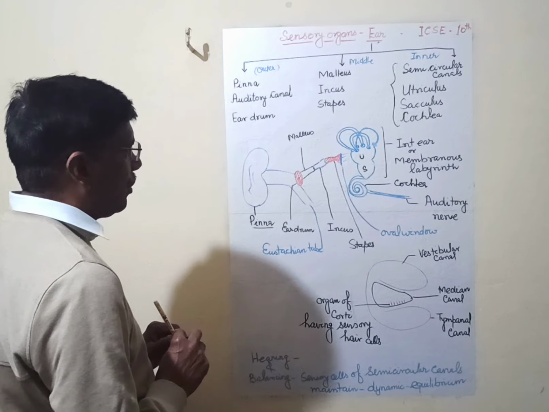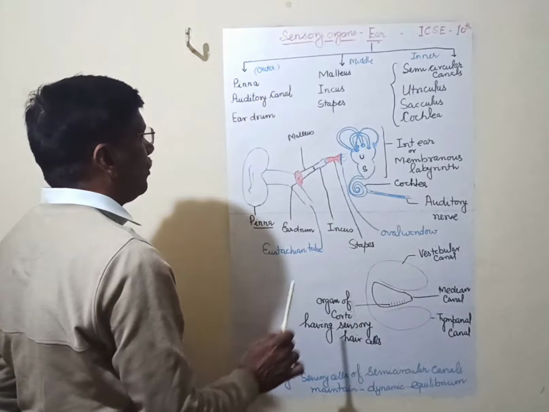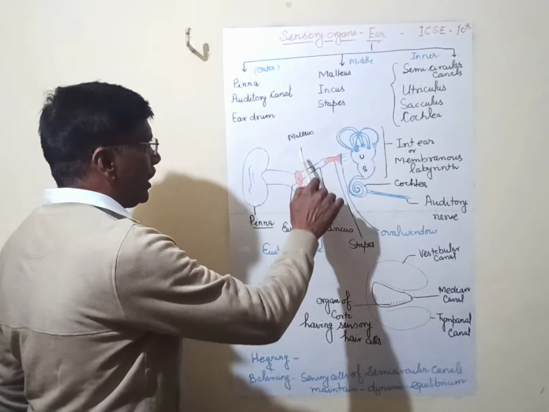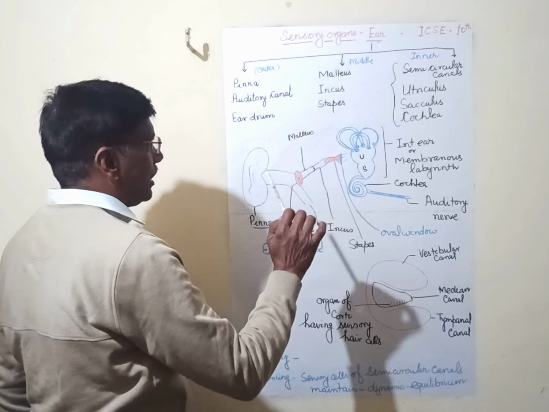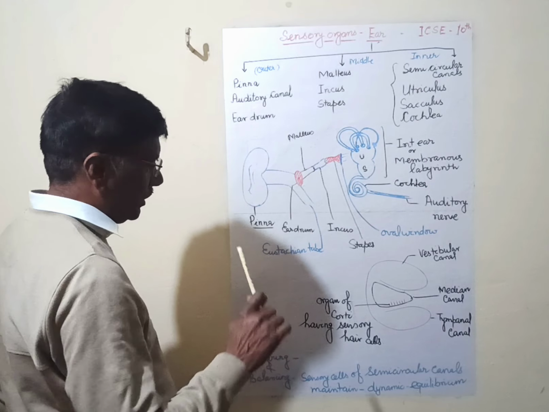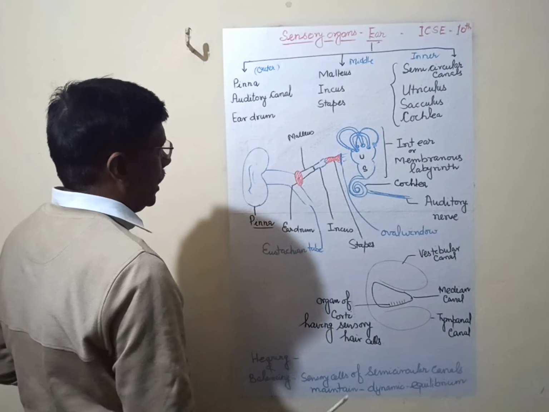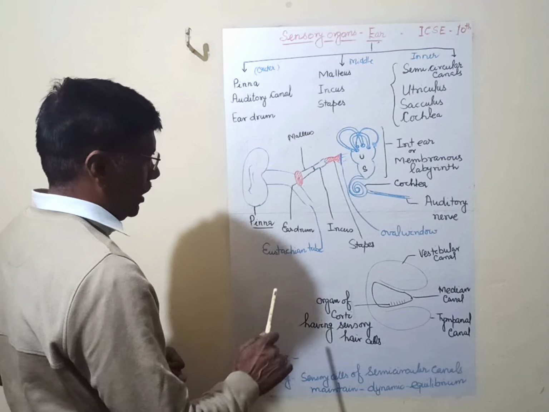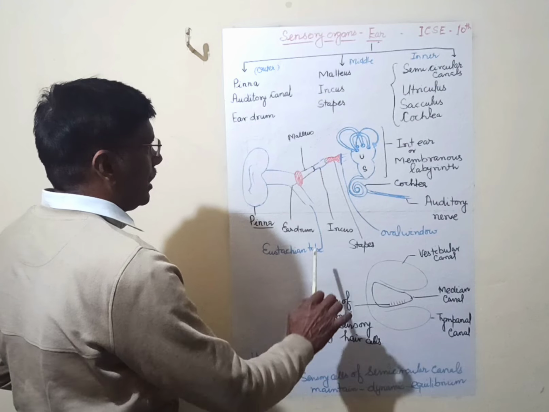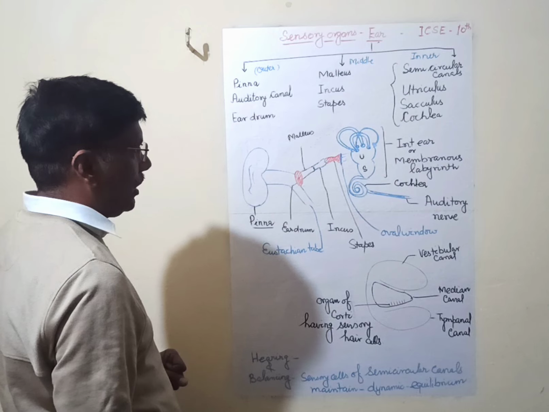Many objective questions are asked. How many bones are there? These bones are 3. To avoid confusion, you can remember the serial order: malleus, incus, stapes. They have other names also. The internal ear has the cochlea. The cochlea has the organ of Corti. The organ of Corti has sensory cells. Another name of the internal ear is membranous labyrinth.